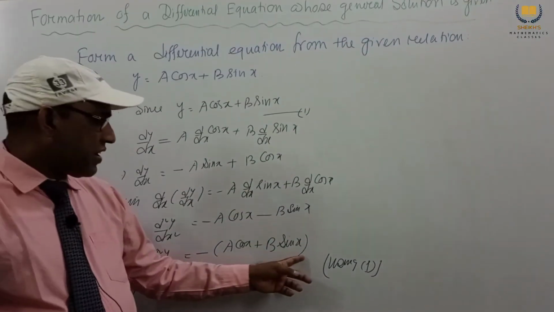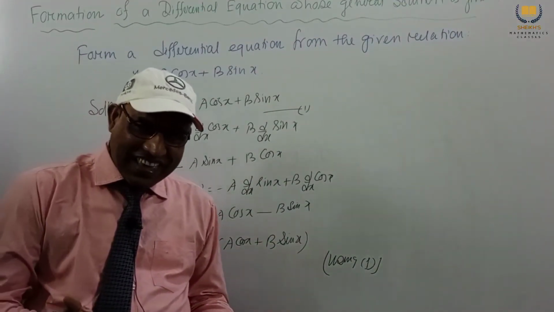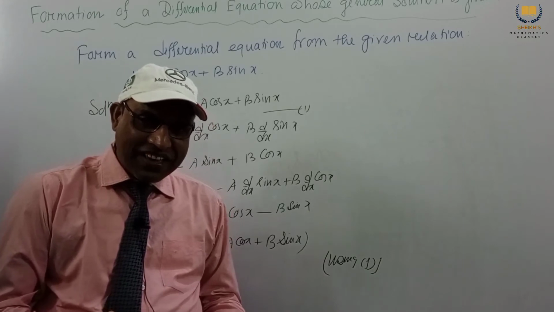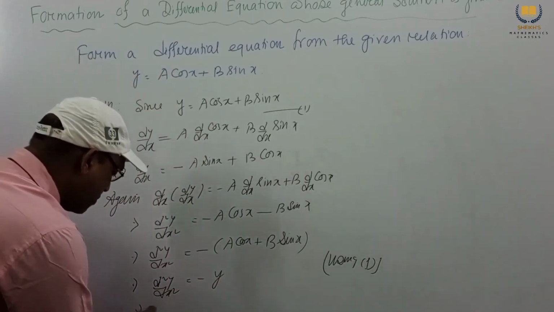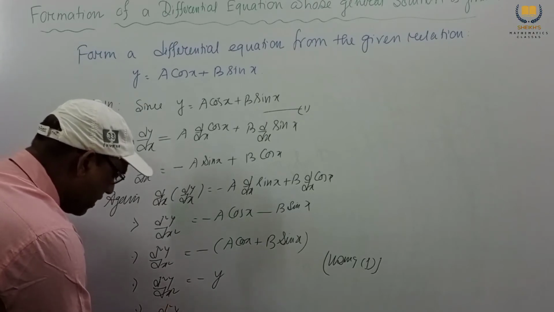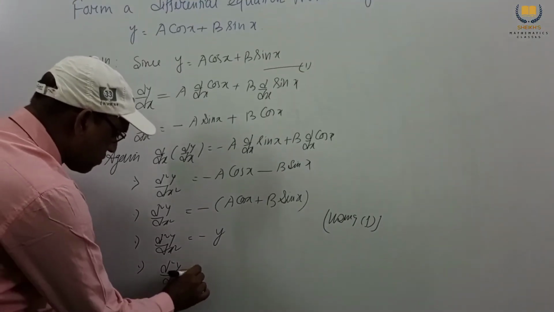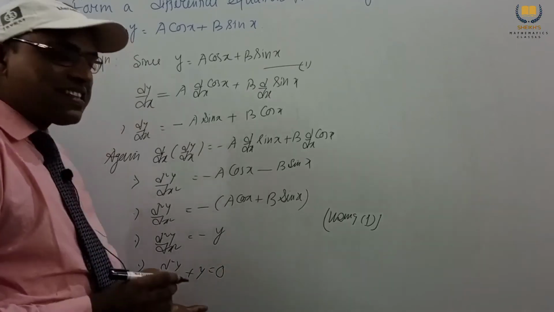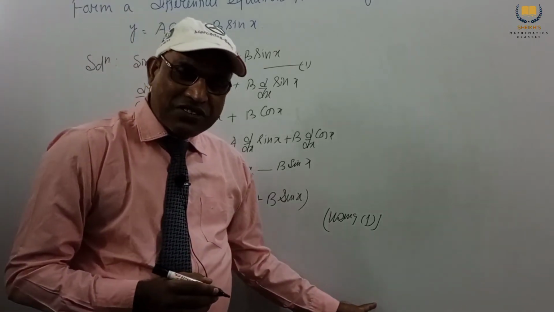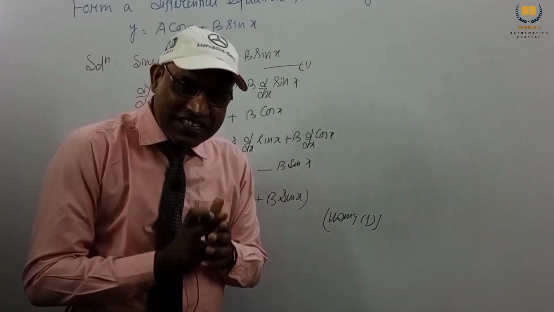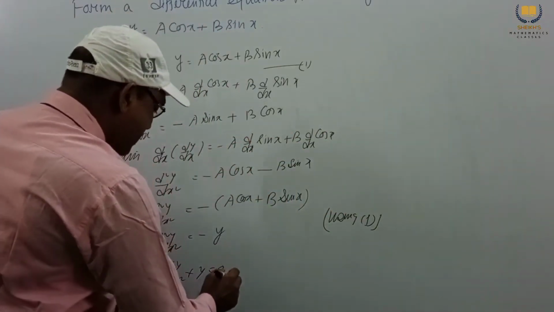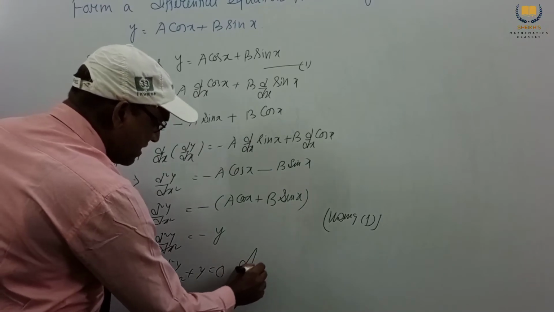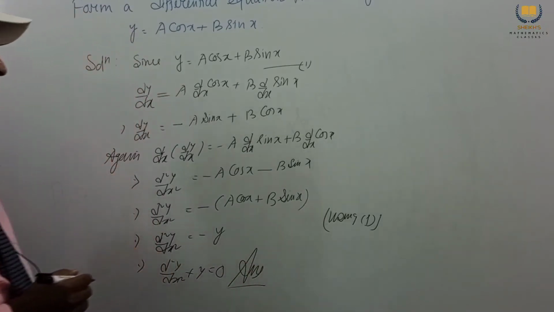So ultimately a and b are absent in this relation. So d square y/dx square plus y equal to 0. This is the required differential equation because in this relation a and b are absent. So this is our answer.